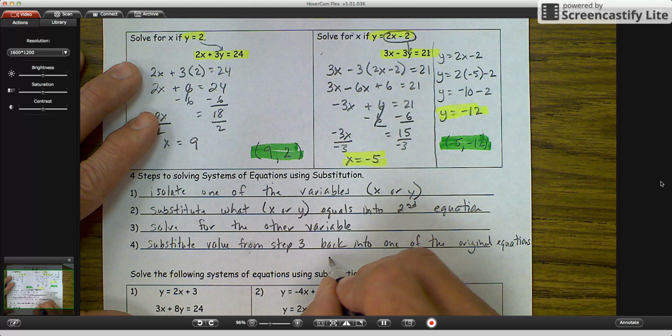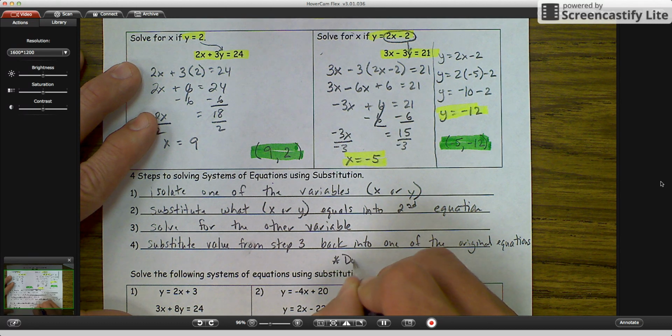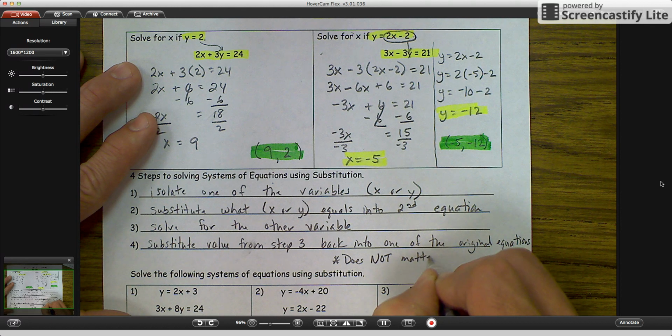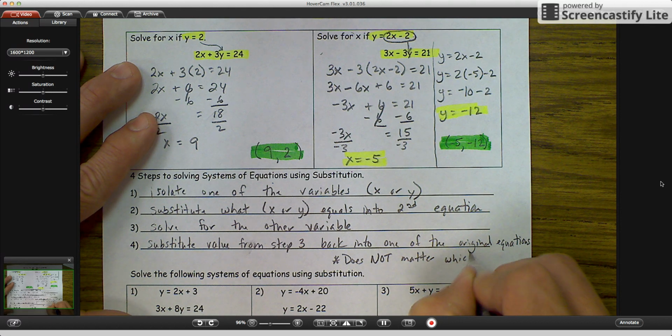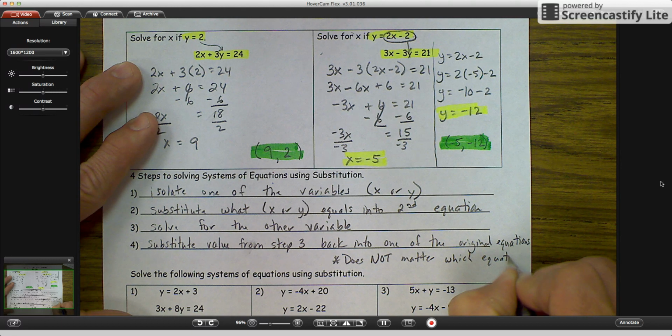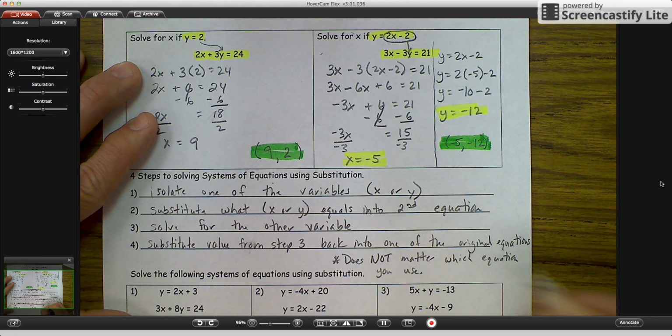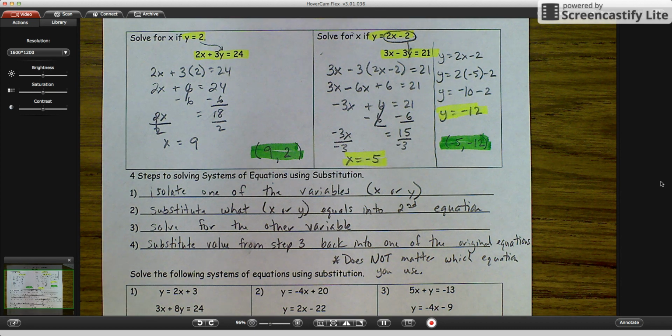It does not matter which equation you use. Okay? Does not matter which equation you use. You will get the same answer.